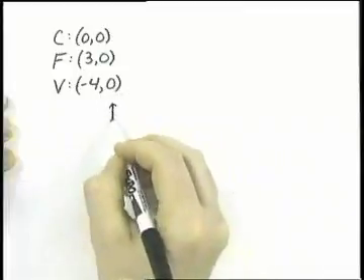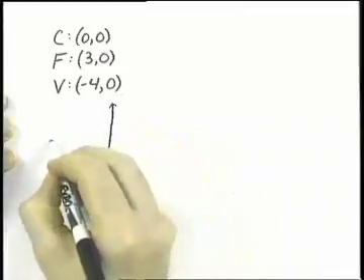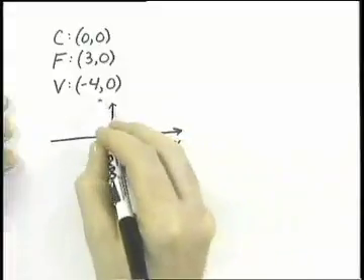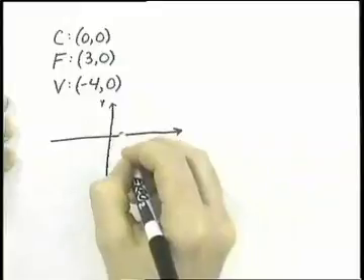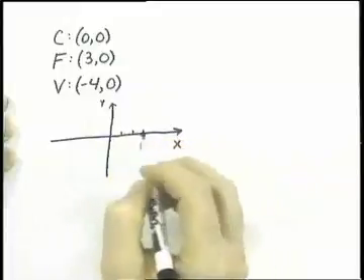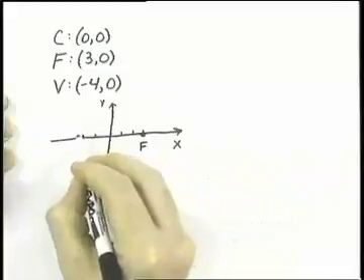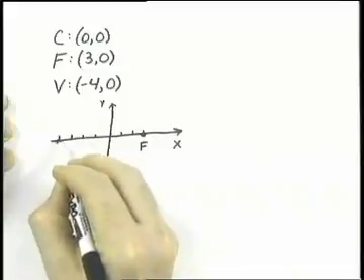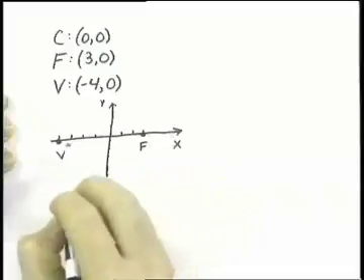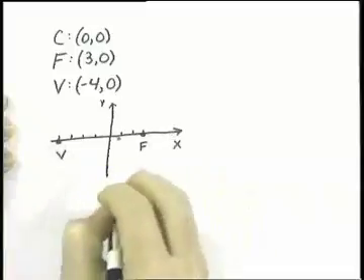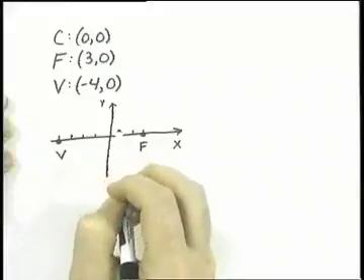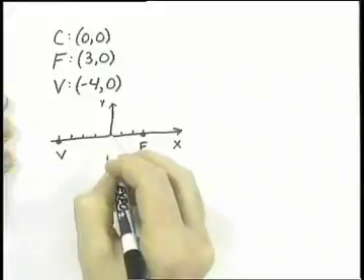If we just picture in our mind what we have here, or literally go ahead and graph these points, we can see what we're dealing with. I have a focus here on the x-axis, and I have a vertex over here on the x-axis. What that means, because the vertex and focus lie on the x-axis, is that the major axis is the x-axis.